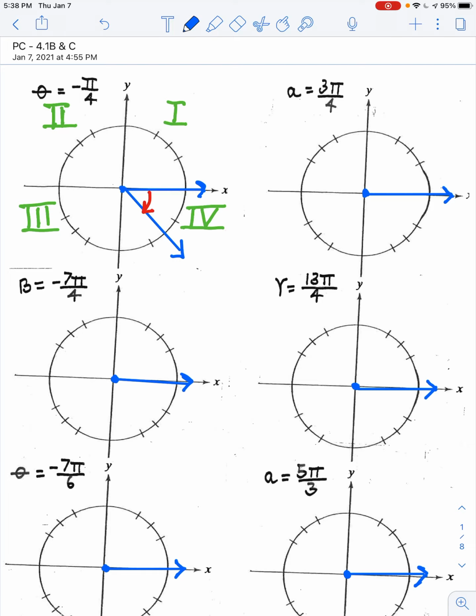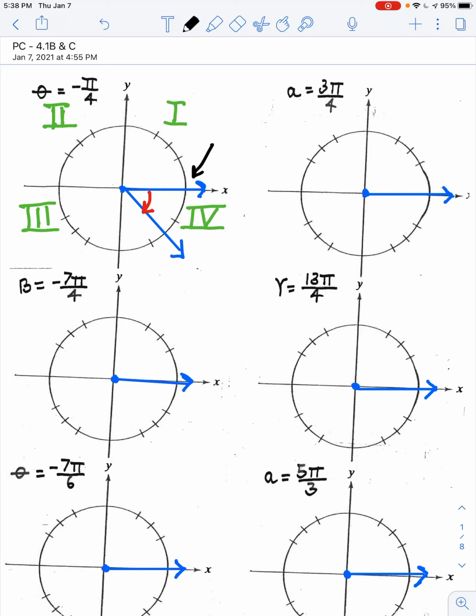If you look in the upper left corner, theta is an angle of negative pi over 4. What you always want to do is start by drawing the initial side on the positive x-axis. That's what I've drawn right here. That's the initial side. Then you want to figure out which direction you have to rotate.